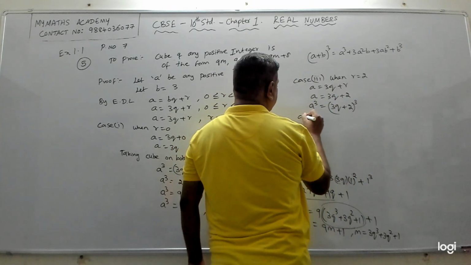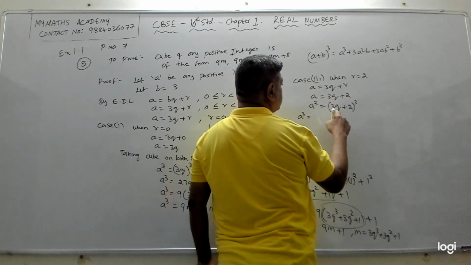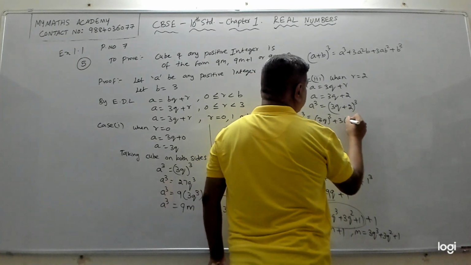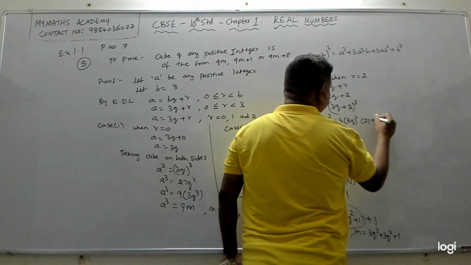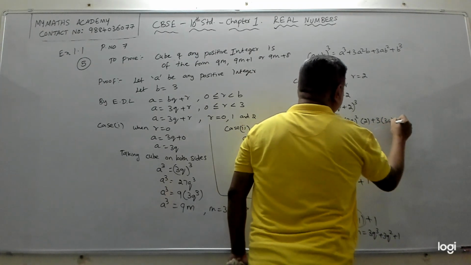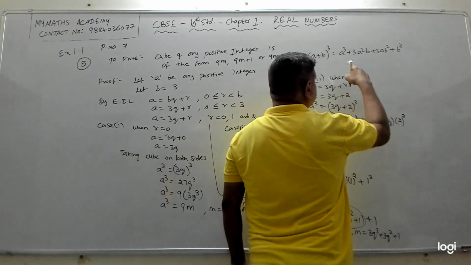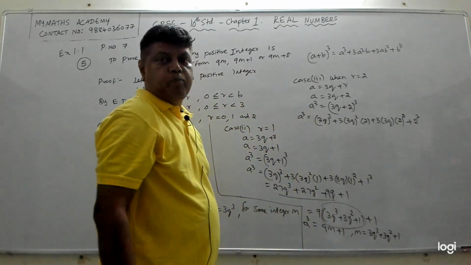So that is again a cube becomes, now you need to apply the a plus b the whole cube formula. So that is a cube plus 3 into a square b plus 3 into a into b square, b is 2 here. a is 3q, b is 2, that you need to substitute here, plus b cube. Clear?